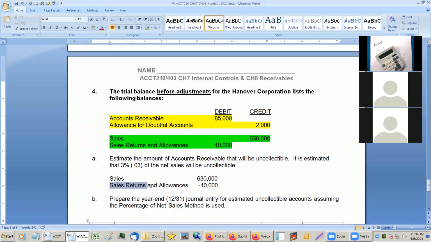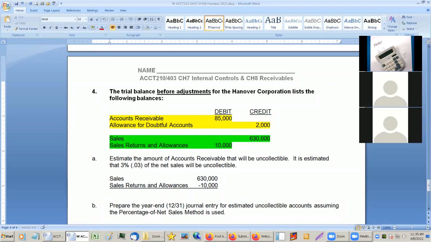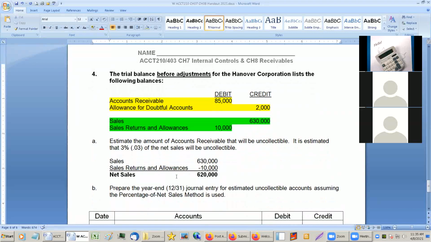Okay, so our net sales will be 620,000. So this is what you're going to use to do your calculations, because we really didn't sell 630,000.